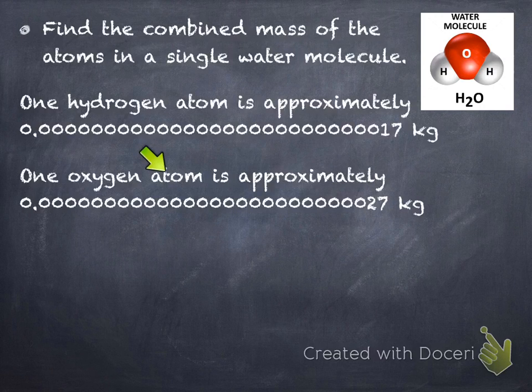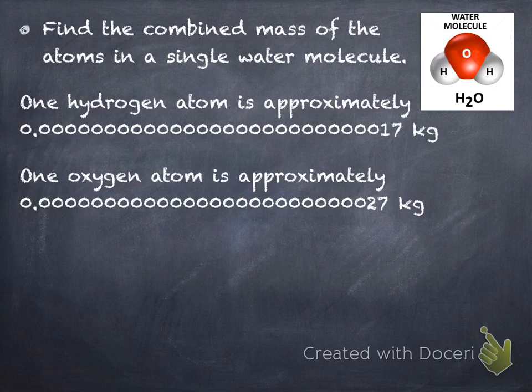How could we know that the oxygen atom's mass is larger than the hydrogen atom? All right, well, if we write these two numbers in scientific notation, we will be able to look at the order of magnitude because it will be the power of 10 that goes along with it.